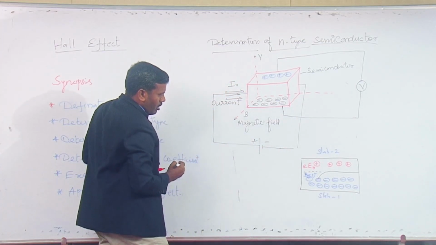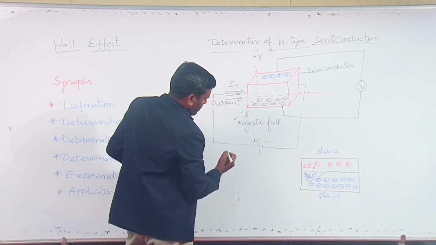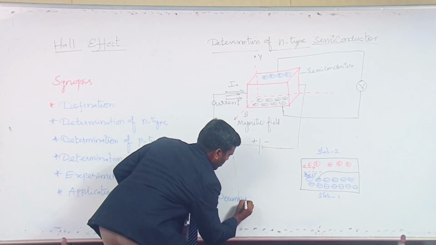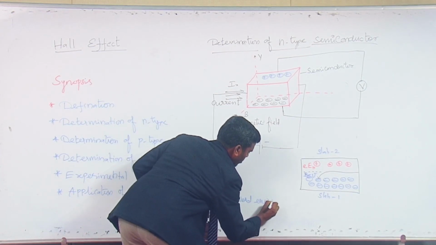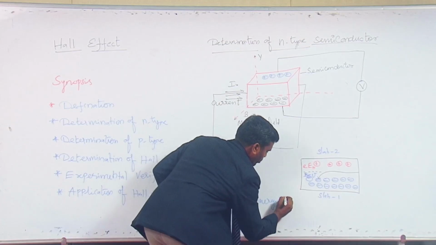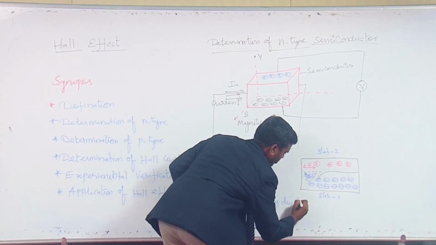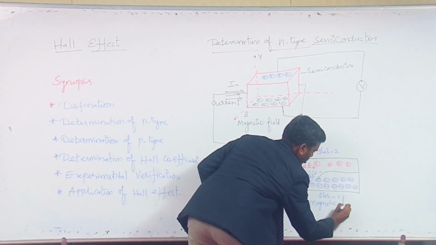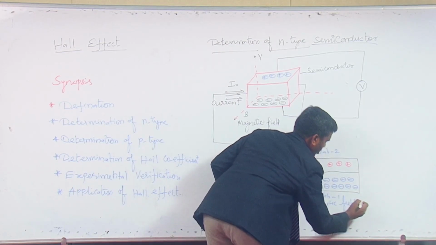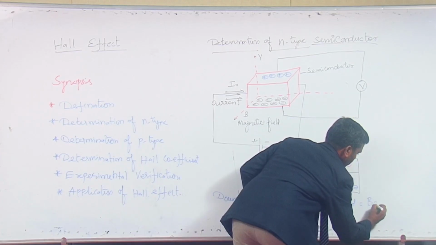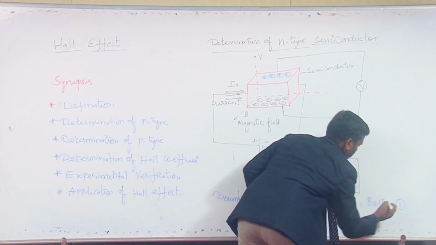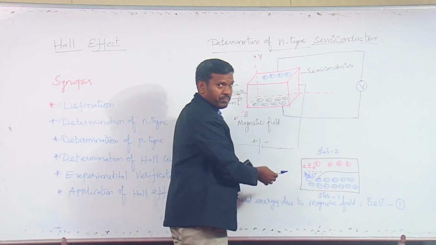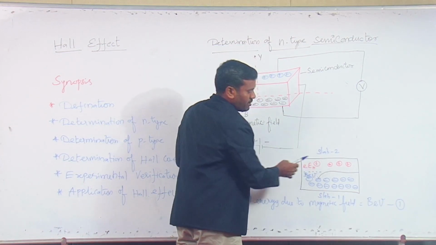Now the downward energy due to the magnetic field is equal to Bev. This is equation number 1. Here more electrons are at the bottom of the slab and a small amount of holes at the top.